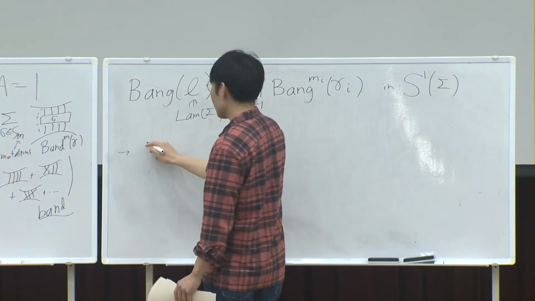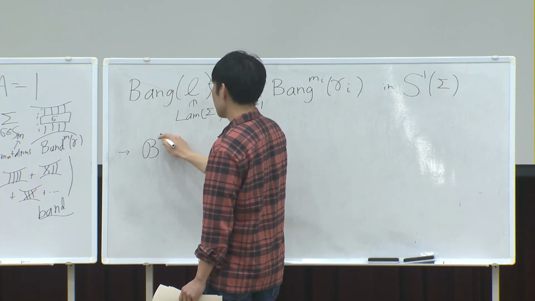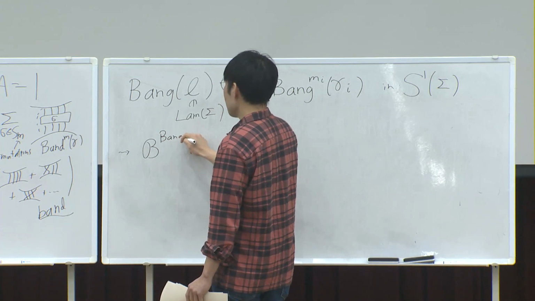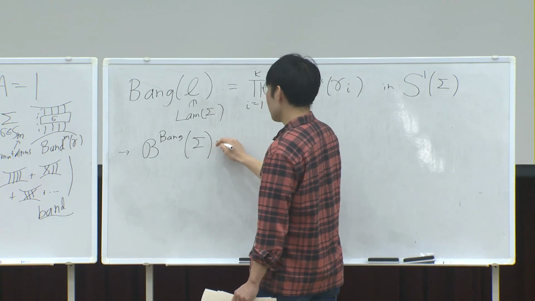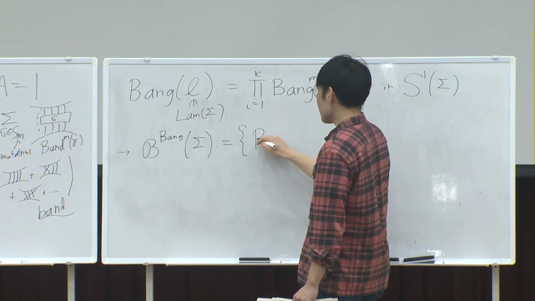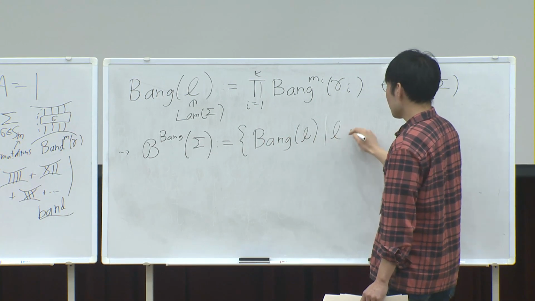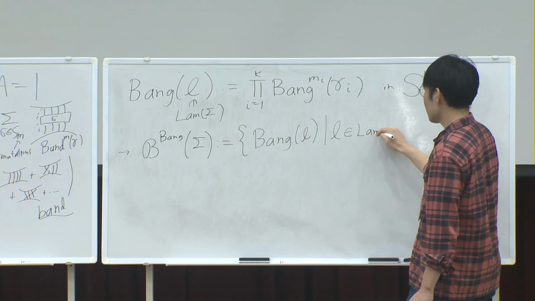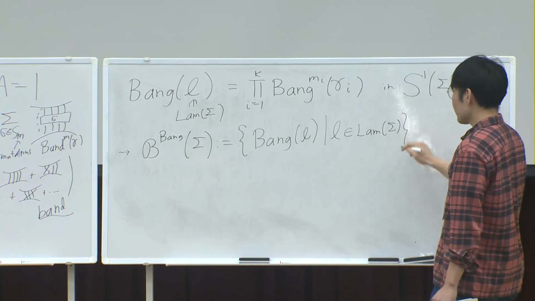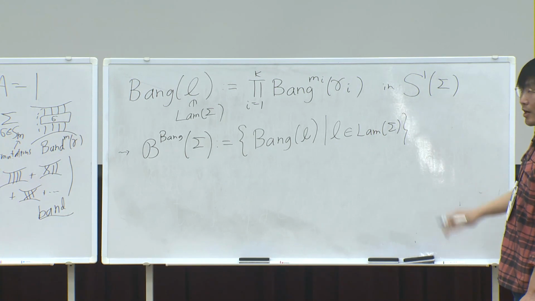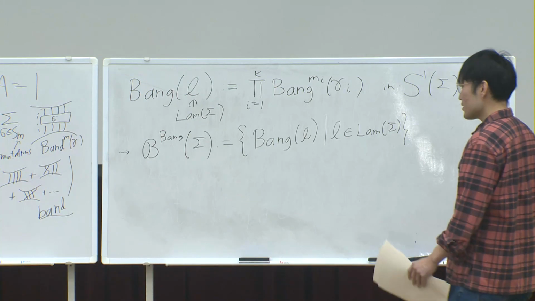So I'm going to call curly B bang of your surface all these bangle elements, where L lives in the integral laminations. This is what we have already seen before, the bangle spaces.